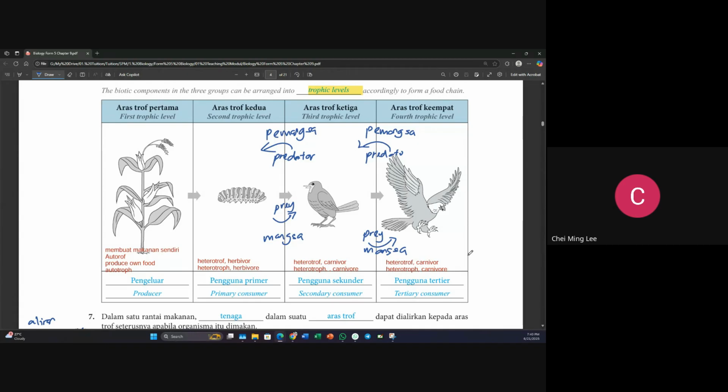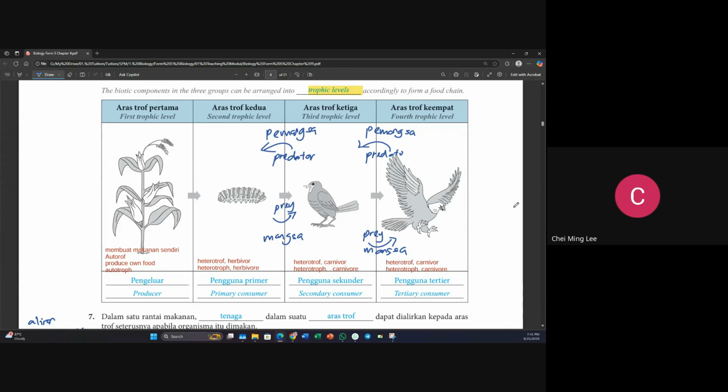For example, a bird eaten by a snake, and the snake eaten by an eagle, then it becomes the 5th. But somehow the 4th and 5th trophic levels normally come with the same role, meaning they are the most fierce predator in the chain.